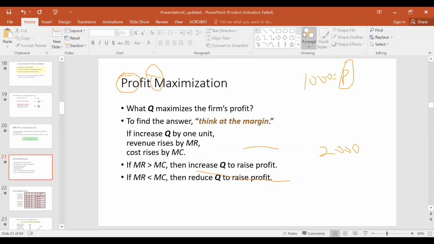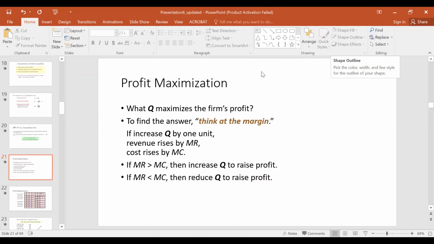Now, remember we said firms want to maximize profit. So as a firm, what output units or quantity should you produce to maximize profit in a competitive market? We think about it at the margin. Remember lecture 1, where we are supposed to think at the margin.